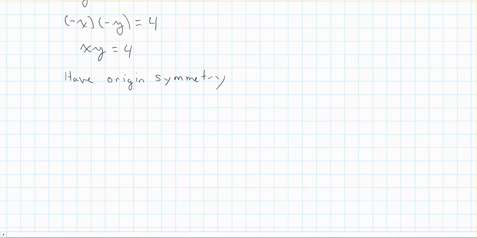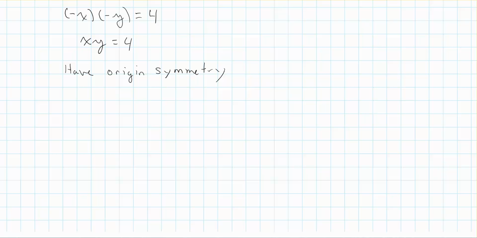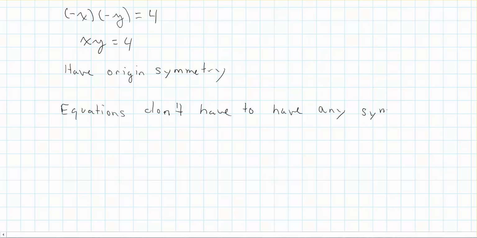Now, these examples all had symmetry, but I want to emphasize equations don't have to have symmetry. An easy way to see that is just look at this example here: y equals 3x plus 1.